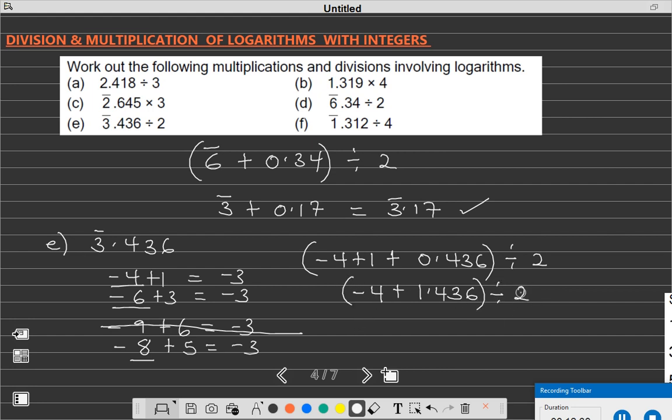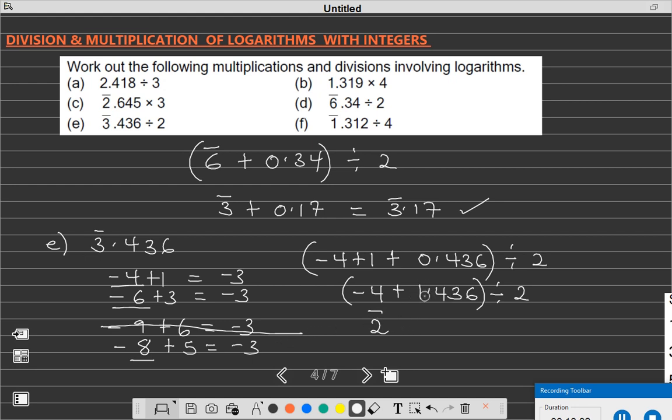When I do that, I have got now a minus 4, which is a multiple of 2. So 2 is a factor of this. I will get a number without a remainder. So when I divide this minus 4 by 2, I will get minus 2. So this is a 2 bar.